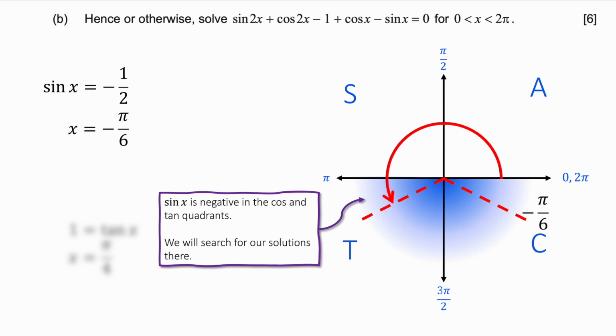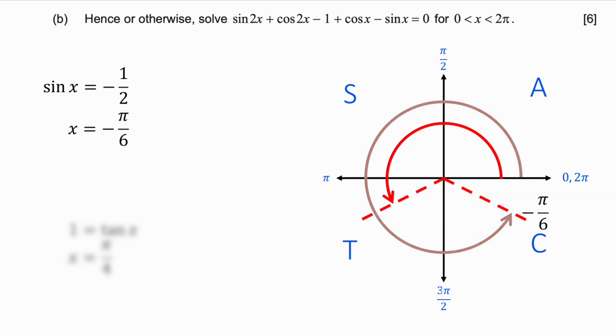And that's going to be pi plus pi over 6. We go around to pi and then a bit further by pi over 6.